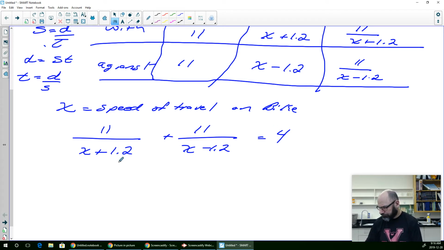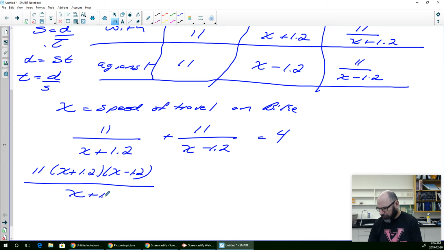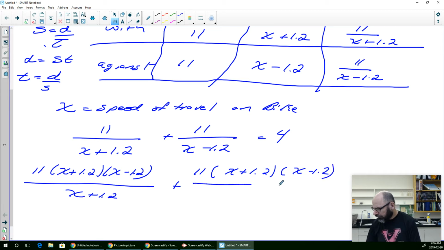So we've got to take the two bottom numbers and multiply each of these expressions by them to eliminate them. So we're going to go 11 times x plus 1.2 times x minus 1.2 all over x plus 1.2. Same thing here, and that's over x minus 1.2.